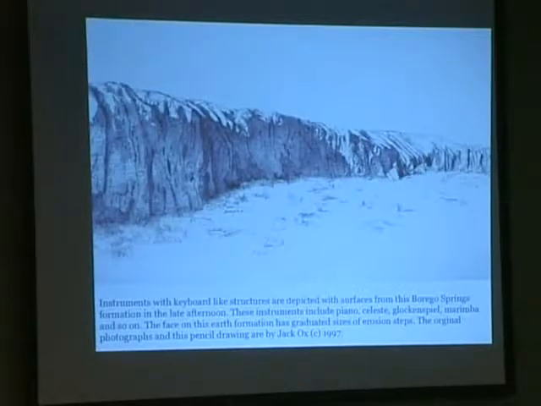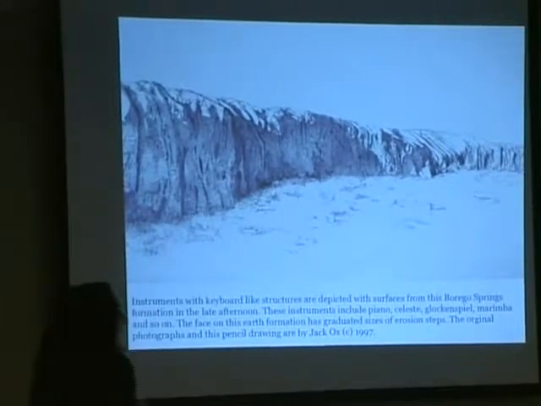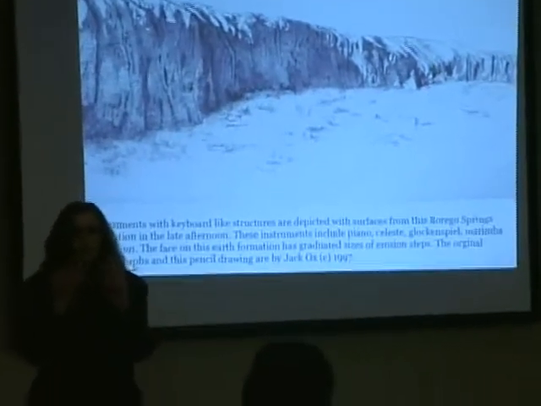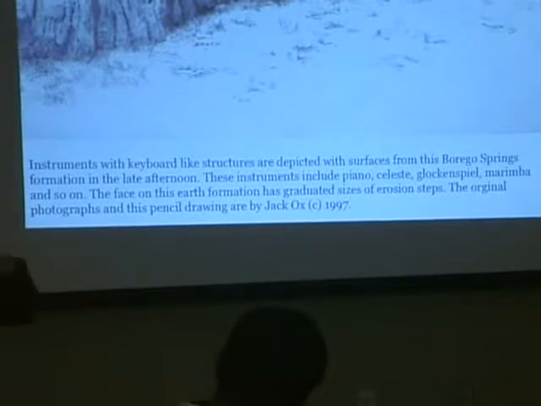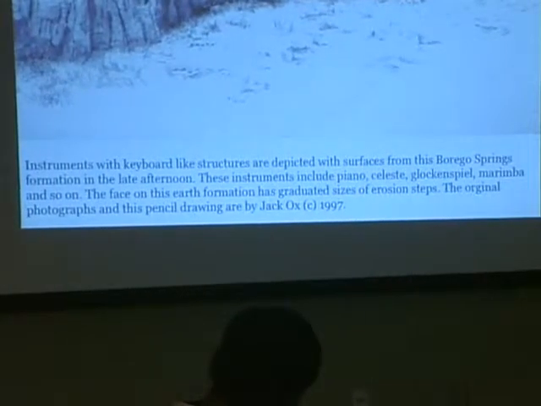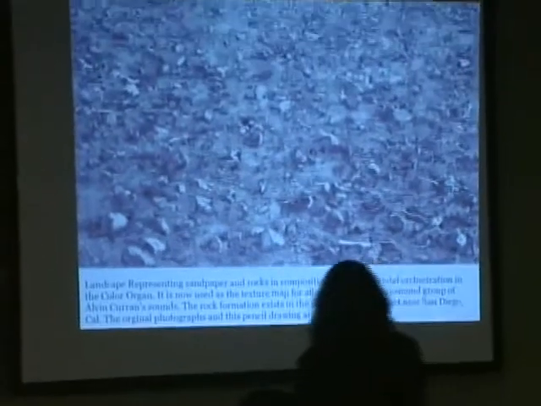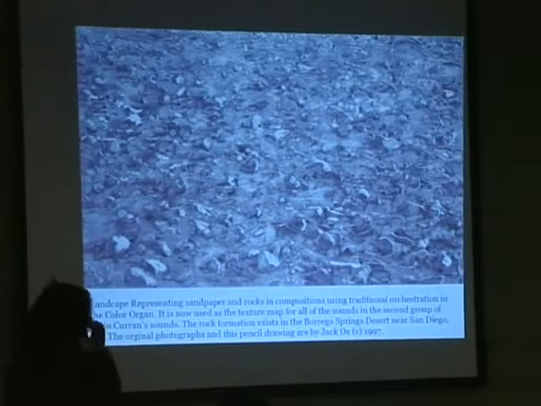This is piano, and it's in Borrego Springs, and the pattern of erosion really gives you the feeling of keys, like marimba, glockenspiel, etc. This one is called Sandpaper, and I basically just took a picture as the sun was going down of the desert rock floors.